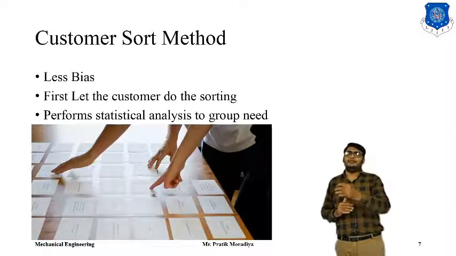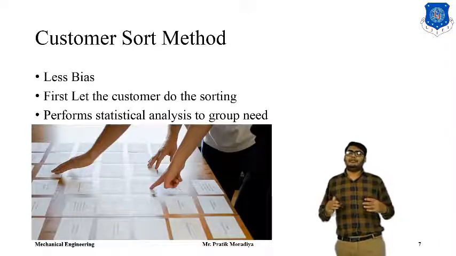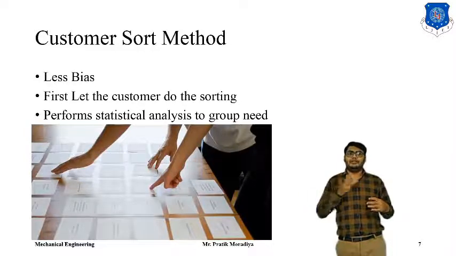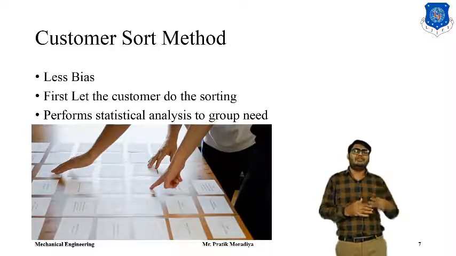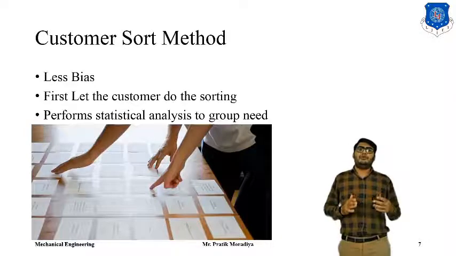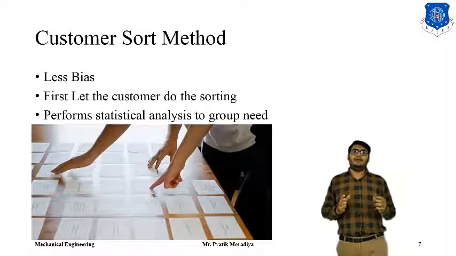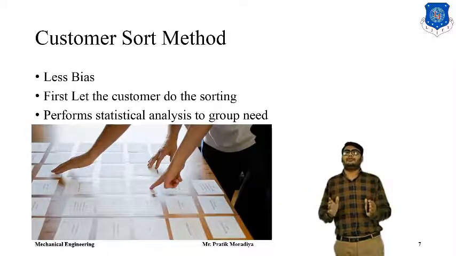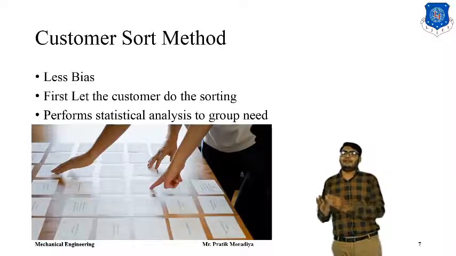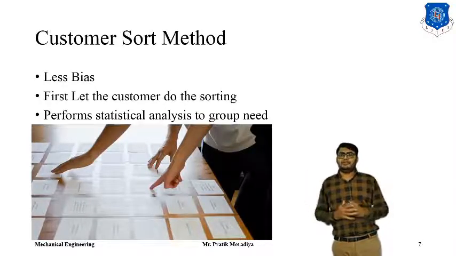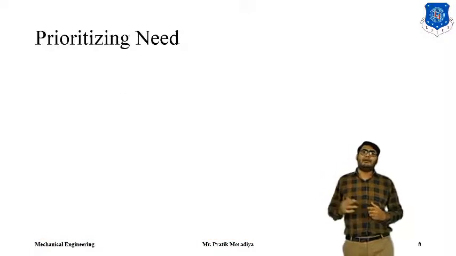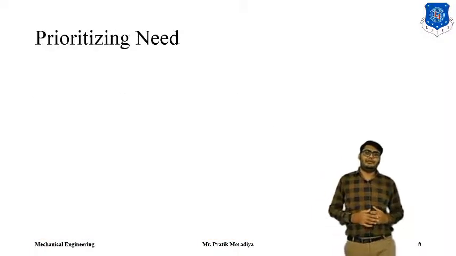Then we analyze those responses given by all the 10 customers, and we apply some statistical methods to make sure that from those 10 groups of people, we come up with a single classification of needs. So this is what the customer sort method was.